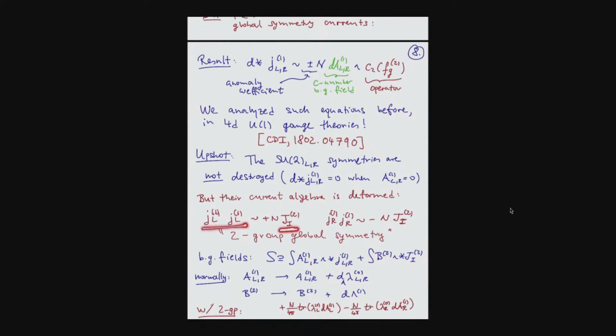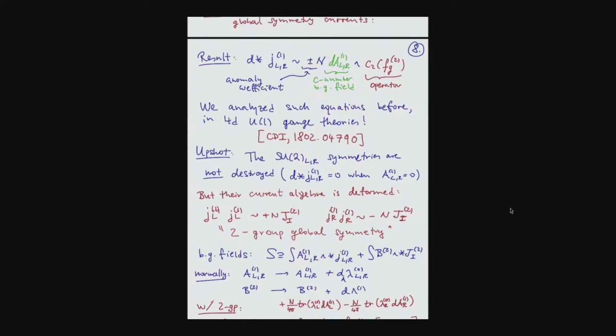So two J left currents can fuse into the instanton two-form current, and the fusion coefficient is this anomaly coefficient N. And similarly, if you take the opposite sign here, you get the fusion of two right-handed R symmetry currents into the instanton two-form current with fusion coefficient minus N. So this is a fusion rule of currents, which is perfectly consistent and which allows ordinary symmetries and higher form symmetries to mix in current algebra.